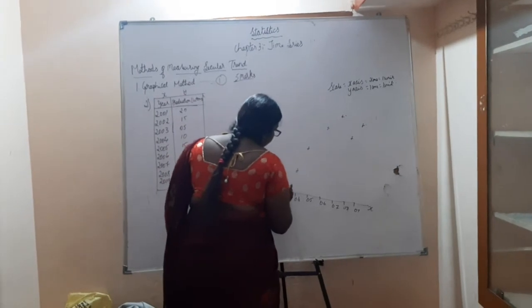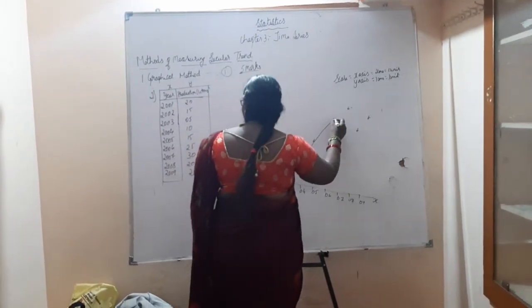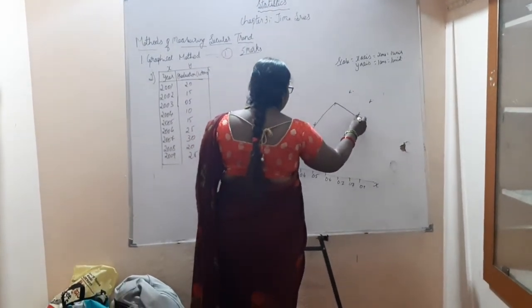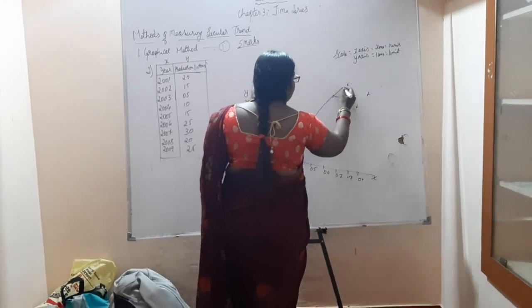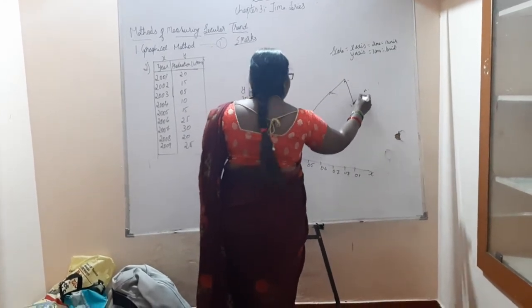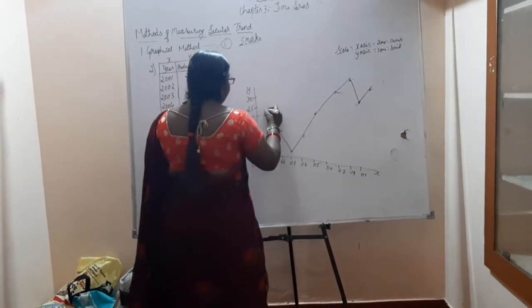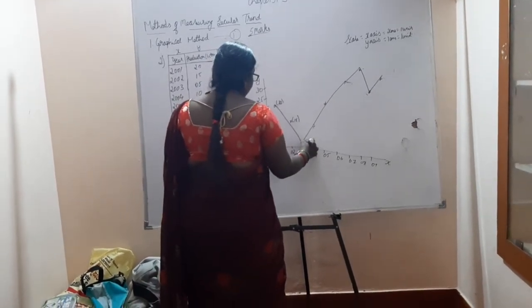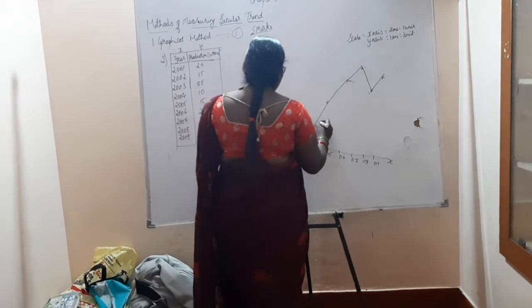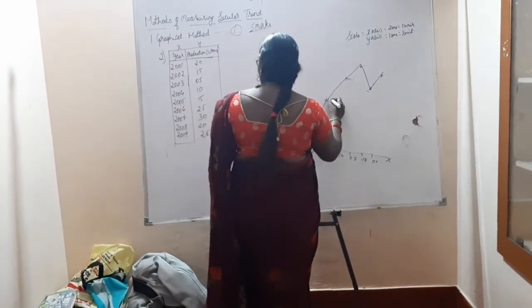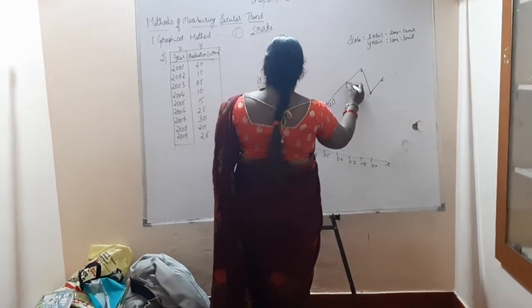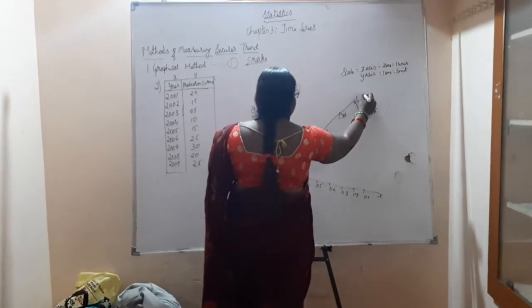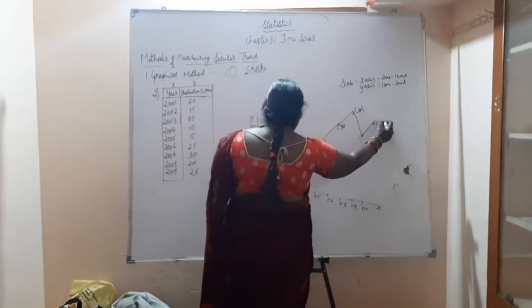See my graph, it goes downward from here, then it moves up to 30, then 20, 25. So I'll write the values: 20, 15, 10, again 15, 25, 30, 20 and 25.